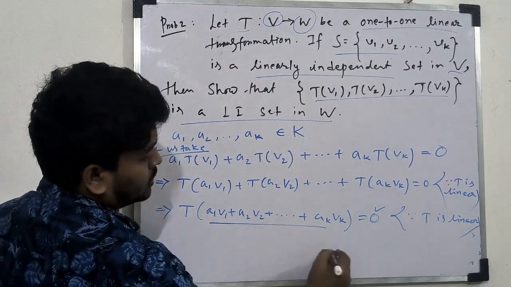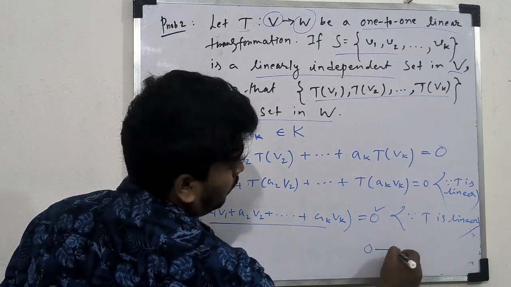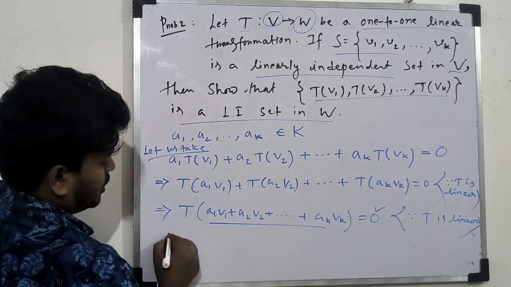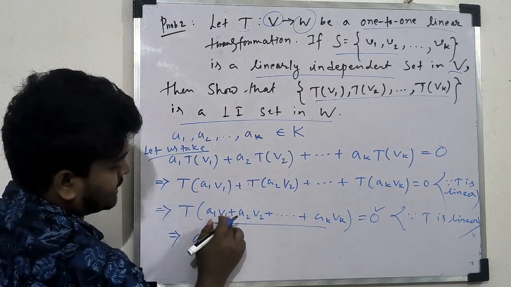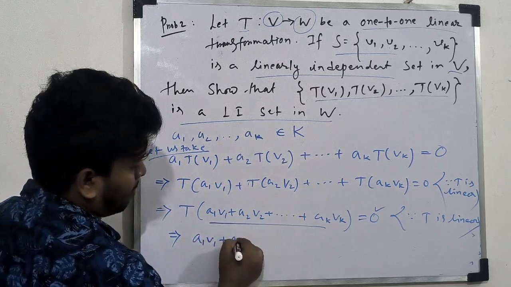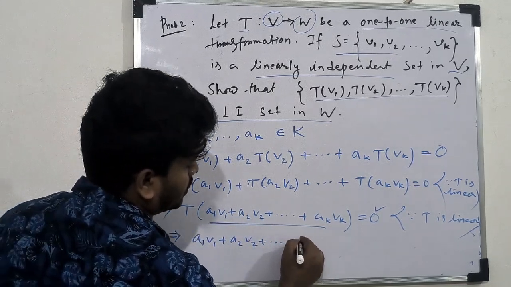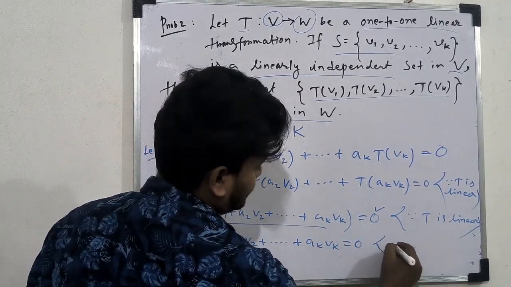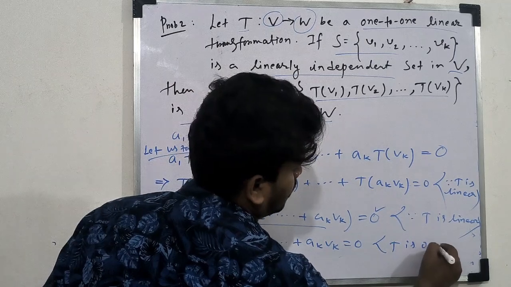So 0 will go to 0 as T is one-one. So therefore from this we can write this element must be 0. a1 v1 plus a2 v2 plus dot dot dot plus ak vk equal to 0 as T is one-one.